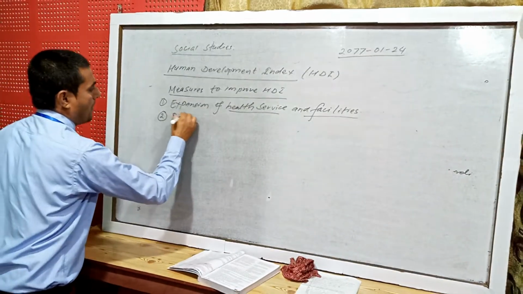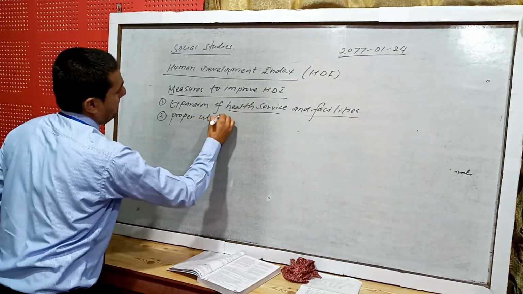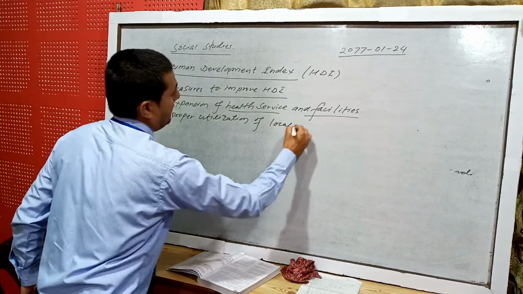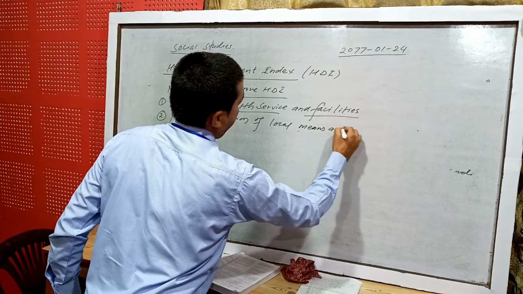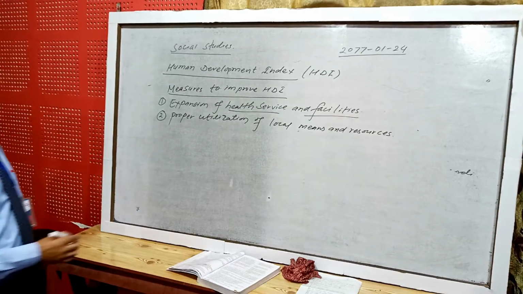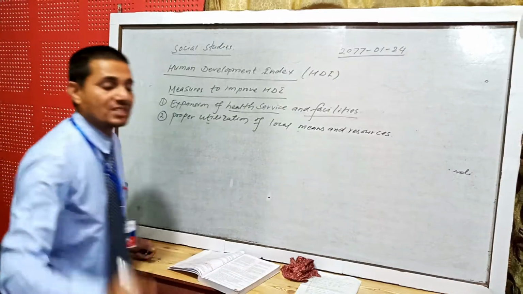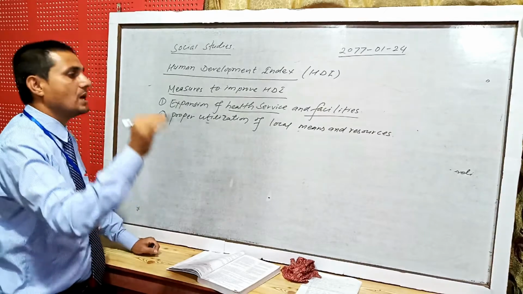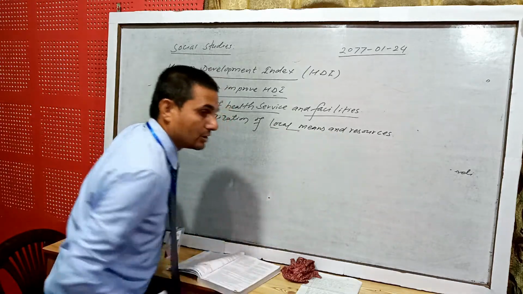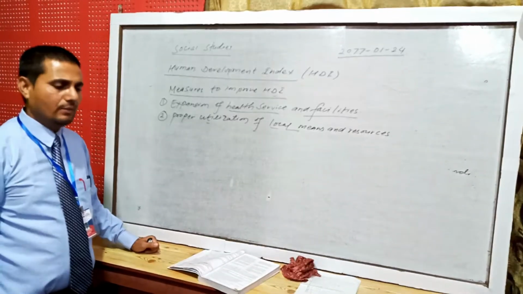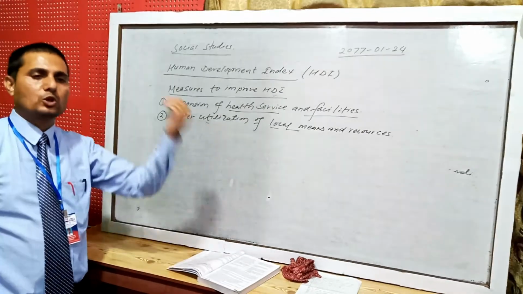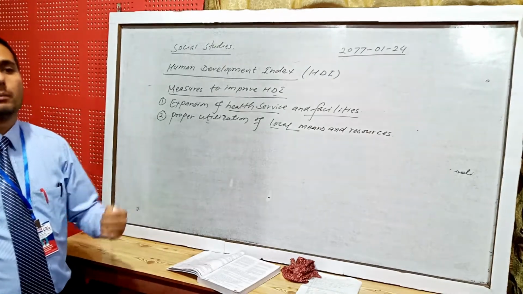Similarly, the next one is to utilize the local means and resources properly. Utilization of local means and resources properly is another measure to improve HDI. Let's say in the context of Nepal, we import many raw materials and ready-made or manufactured goods from foreign countries.